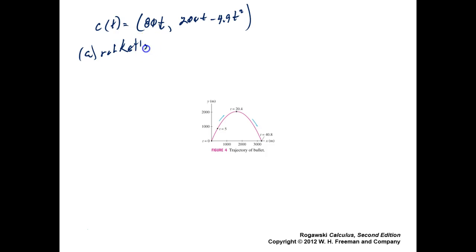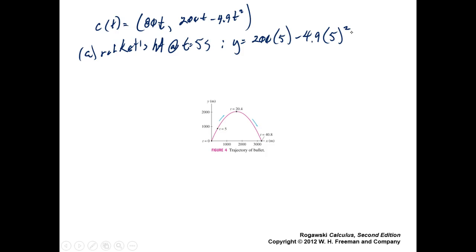Rocket's height at t equals 5 seconds. How would you get that? The rocket's height is your y value, and y is equal to this thing. So that would be 200 times 5 minus 4.9 times 5 squared.